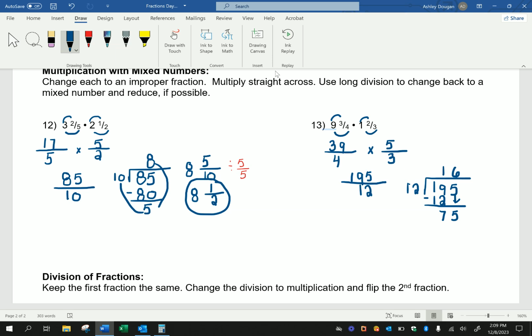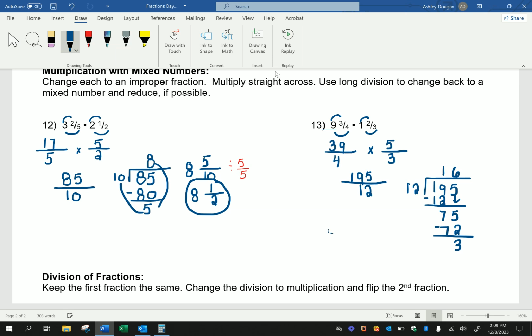And if you're not sure, this may be where you need to do some guess and check in the calculator. 12 times 5, 12 times 7, just kind of look and see what gets you close to 75. Then I would say 12 times 6 is 72. And I would subtract and get 3.